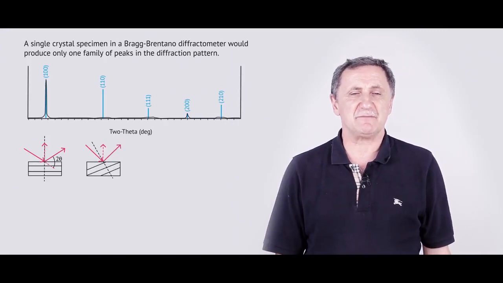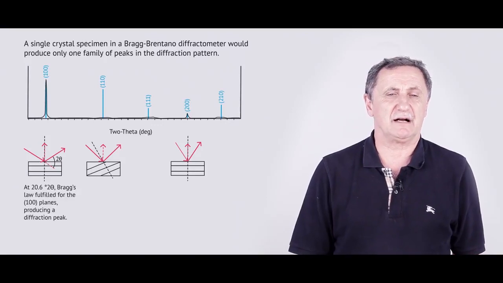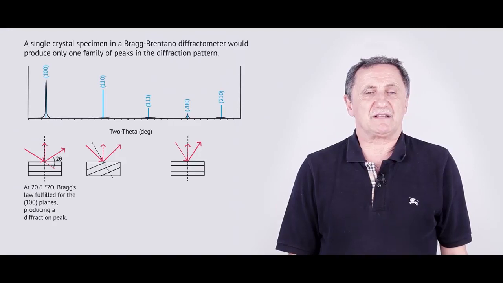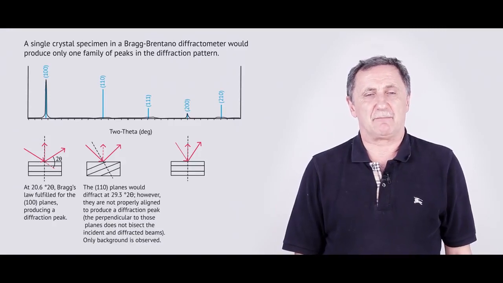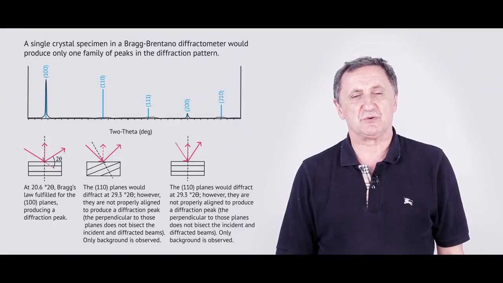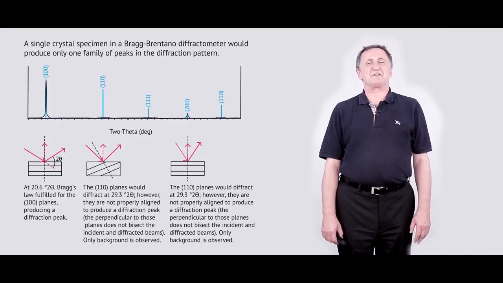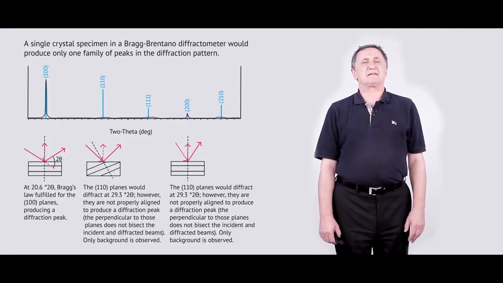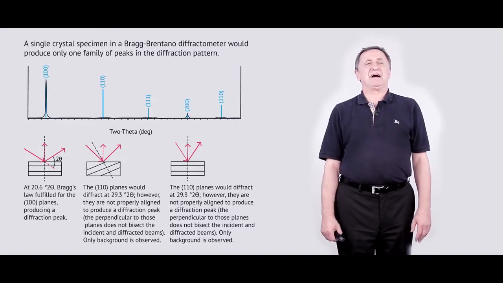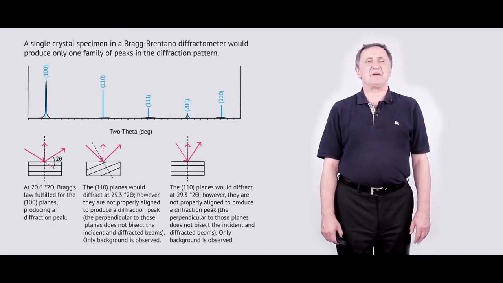So the idea is very simple. If you have a single crystal, and for example in this case the 100 planes are parallel in some sense to the optimized investigated conditions, then we can expect the diffraction peak obtained by the detector, the 100 diffraction peak here.